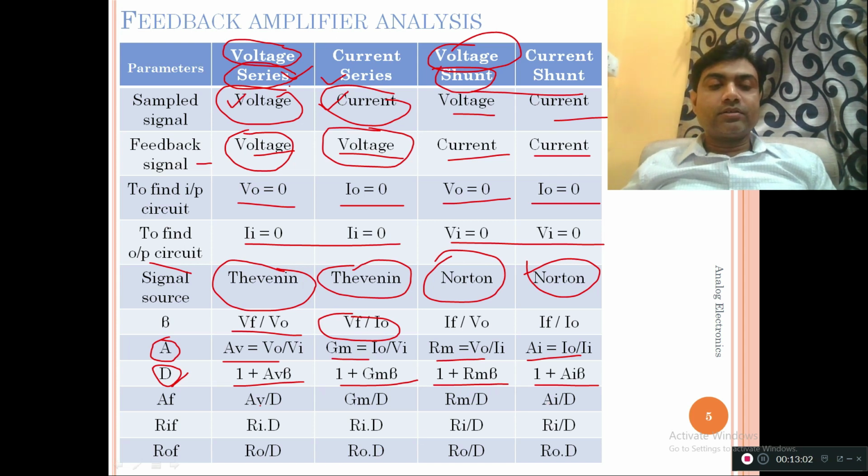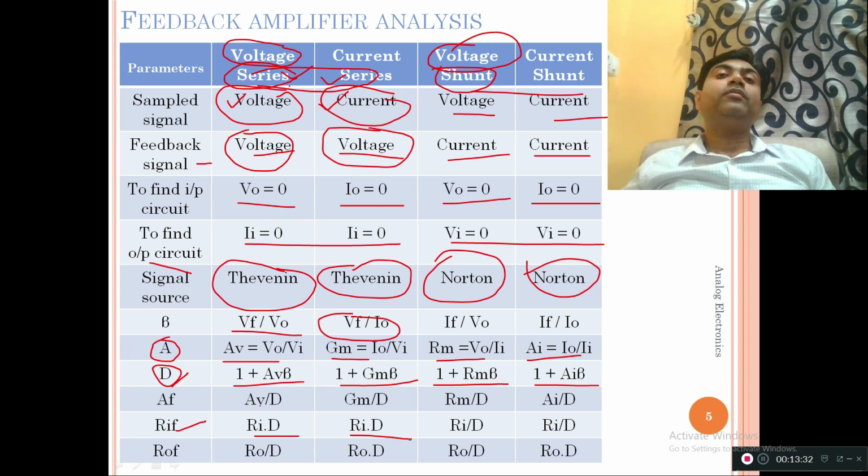Similarly, if I am interested in finding the value of RIF, how can we remember it with a trick? Look at whether we are mixing in the series form or in the shunt form. If I am mixing in series form, Ri is always going to be increased.